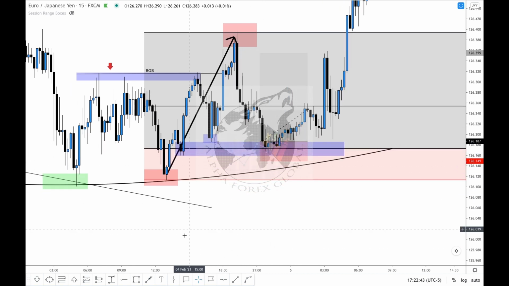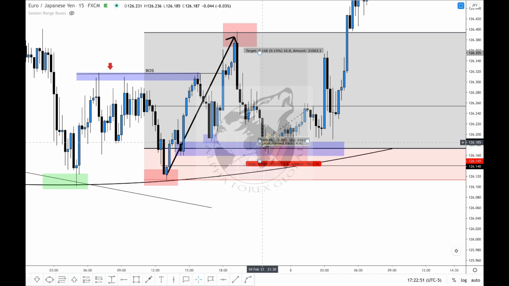However, here we have 2 entries. We have another entry down here, but this is the extreme entry and this is the decisional entry, right? So if you're risking, say, 2%, then you risk 1% here and 1% here, just in case the market chooses to go to the extreme entry, right?